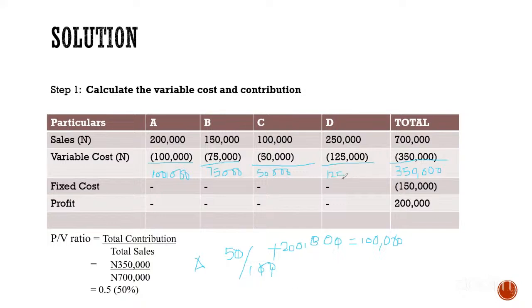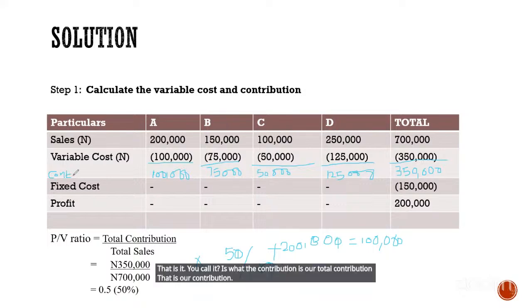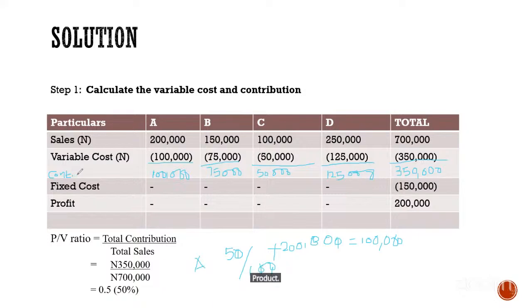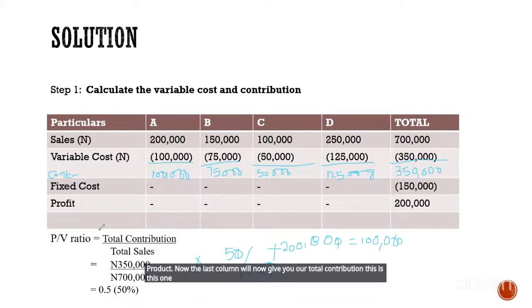That is our contribution for each product. Now the last column will give you our total contribution.